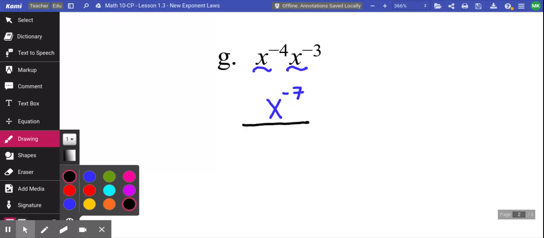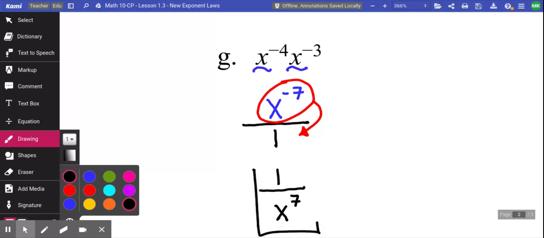If it's not a fraction, I turn it into a fraction. I move that negative power to the other side. This becomes 1 divided by x to the 7. Added the exponents, move the negative power.